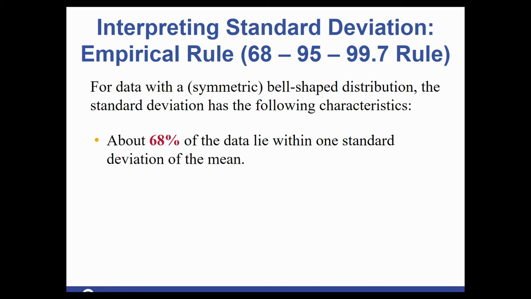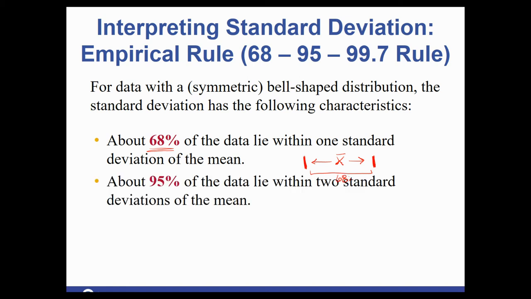We could say that 68% of your data lies within one standard deviation of the mean. What that looks like is you've got your mean in the middle, and you add one standard deviation to get to this spot, and you subtract one standard deviation to get to this spot. We're saying that this distance represents 68% of your data.